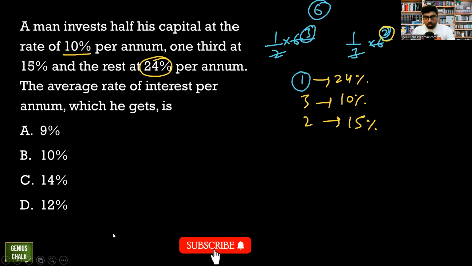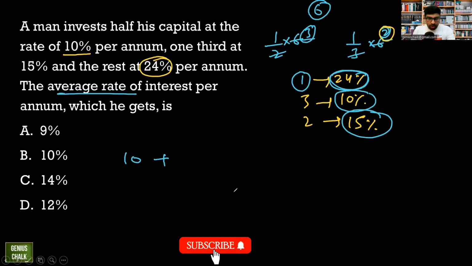Now see what we have to do. You take any random number which is there in everyone. Can I take 10%? Minimum value is 10 in all. So let's take 10. So 10% is my, let's say, average rate of interest. So 10 plus. Now how much is 24 extra than 10?